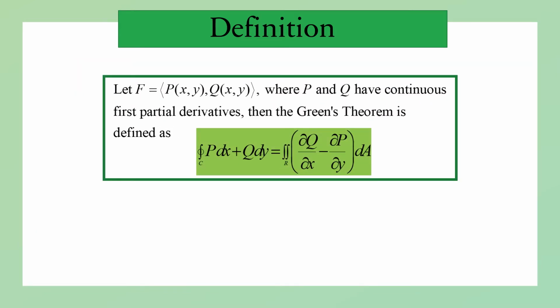Next, let F equal to P(x,y), Q(x,y), where P and Q have continuous first partial derivatives. Then Green's theorem is defined as the line integral of P dx plus Q dy is equal to the surface integral of del Q over del x minus del P over del y dA.